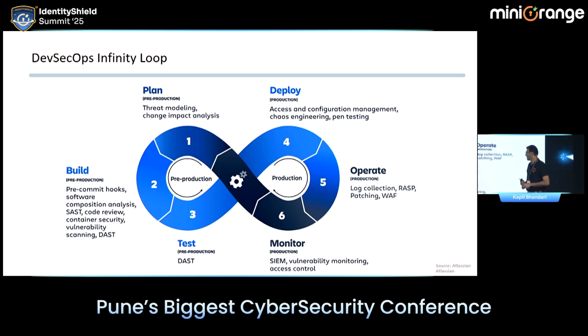But we usually perform the DAST in the test phase where your build is stable and ready for, let's say, the system integration testing, or the dev testing, right? Then you apply the DAST, which will identify the runtime vulnerabilities, which you can't identify as part of the source code, right?